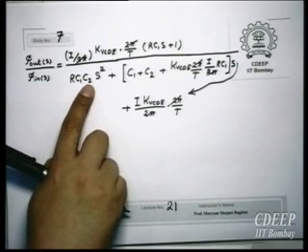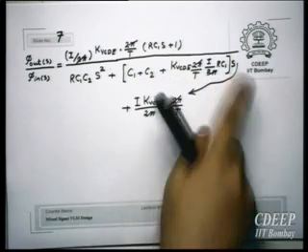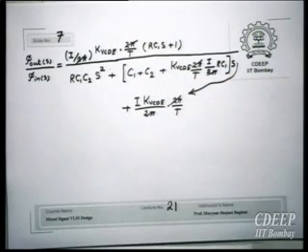This is C s. Therefore, this is also C s. Dimensions match. If you put R, dimensions don't match. So it can't have R.